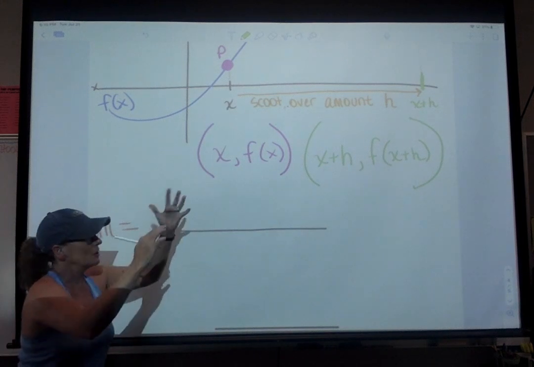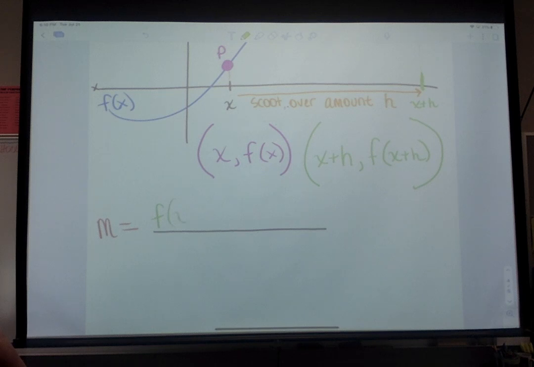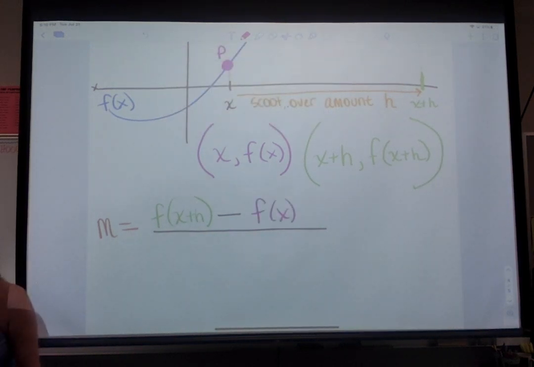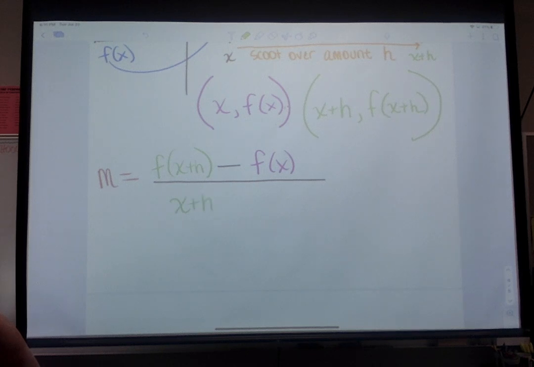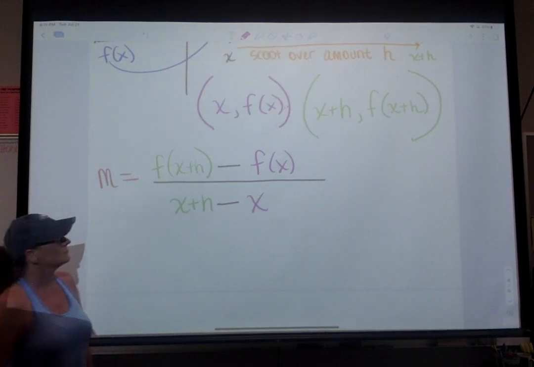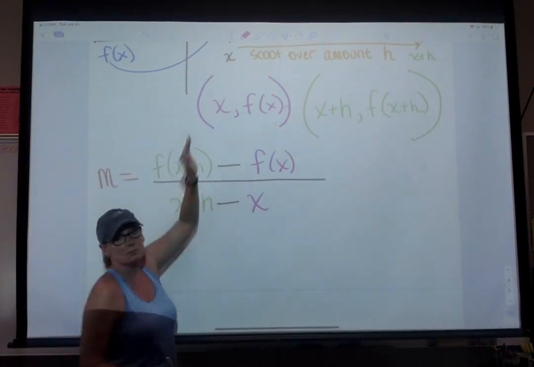So go to my green point and grab whatever I wrote for y. y2 minus y1 over x2 minus x1. This one minus this one.